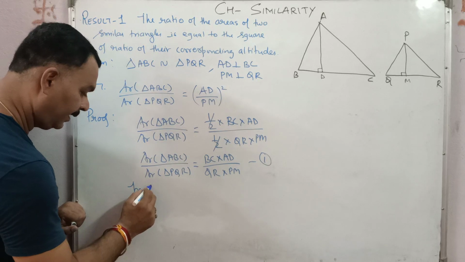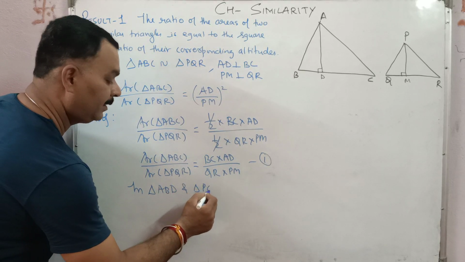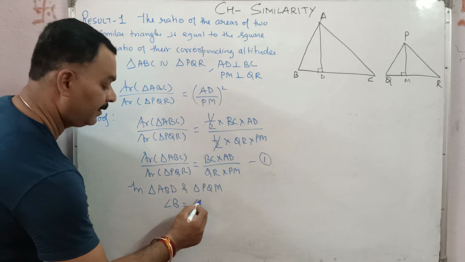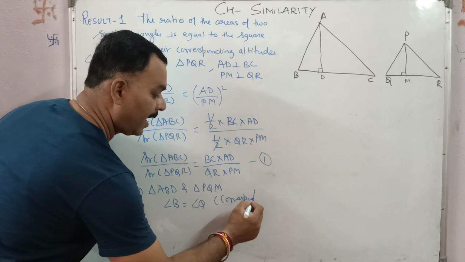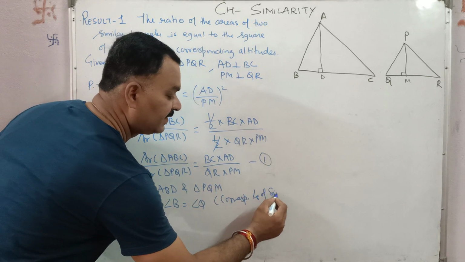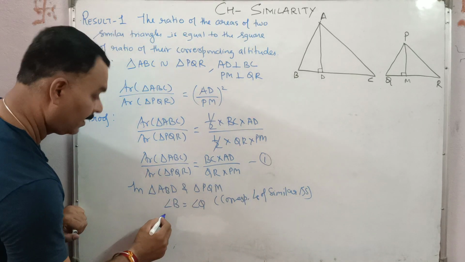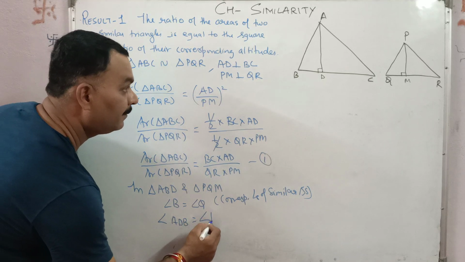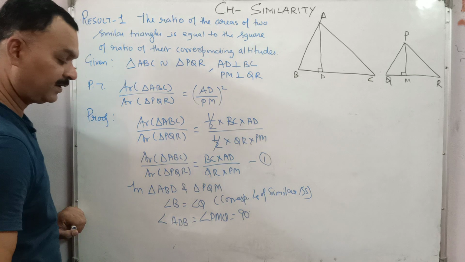Now in triangle ABD and triangle PQM, angle B is equal to angle Q, corresponding angles of similar triangles, and angle ADB is equal to angle PMQ, both equal to 90 degrees by construction.